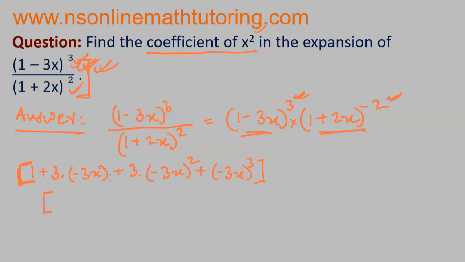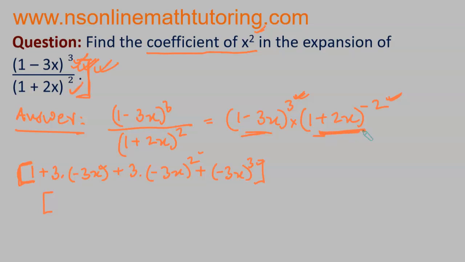This is x to the power of 1. In order to get x square, we should be having a term containing x from this part. This is x square, so we should be having a constant term from this part. And then for this x to the power of 3, in order to get x square, we should be having 1 over x from this term.